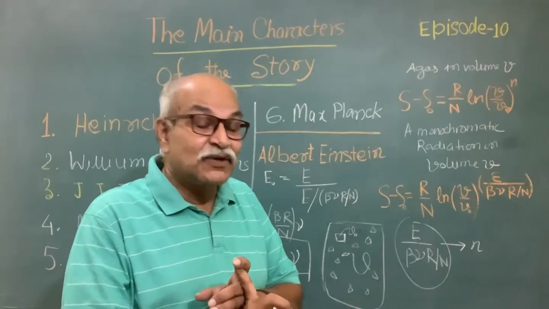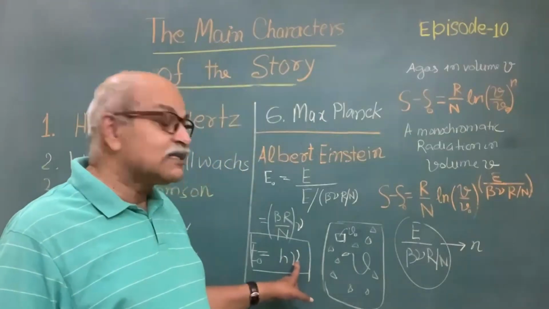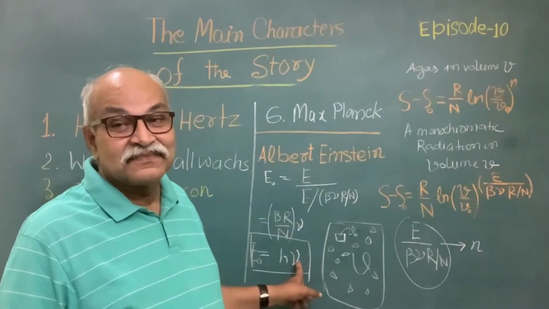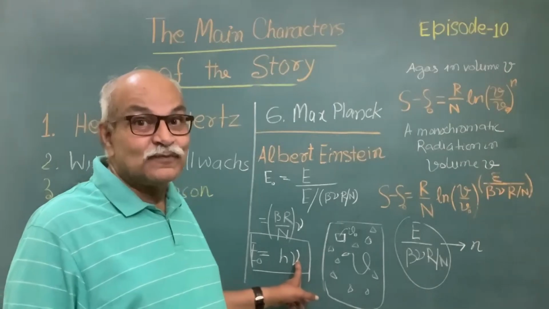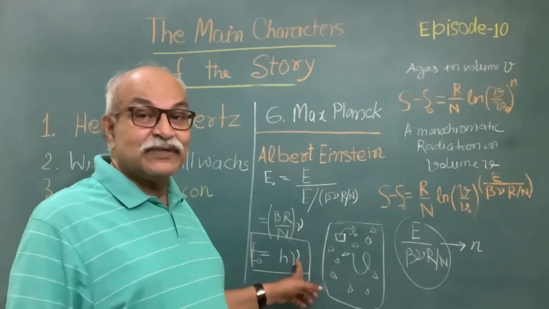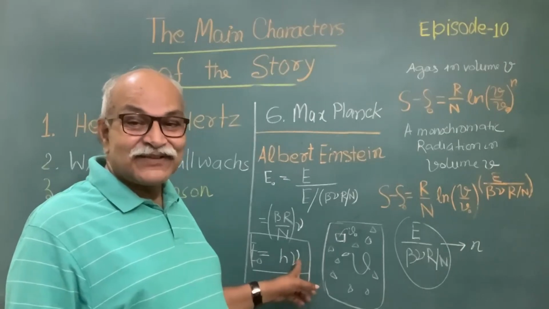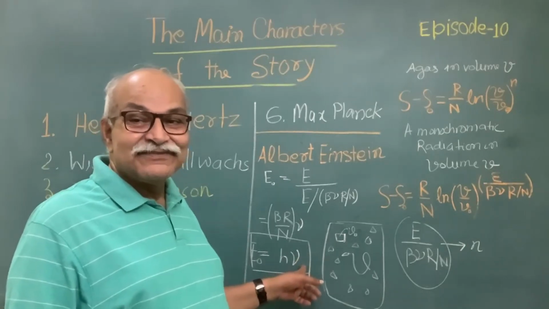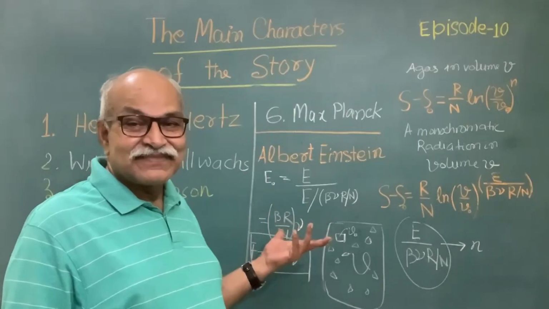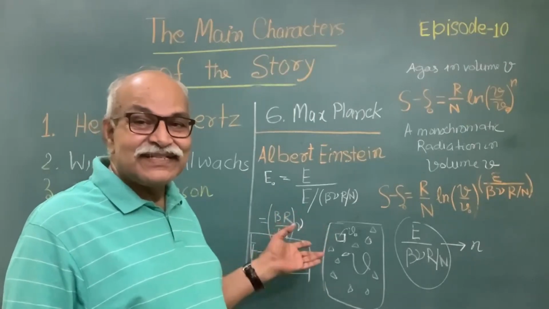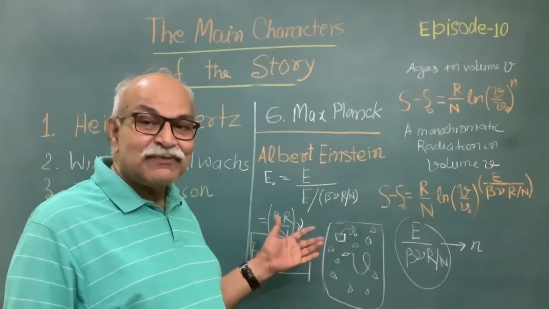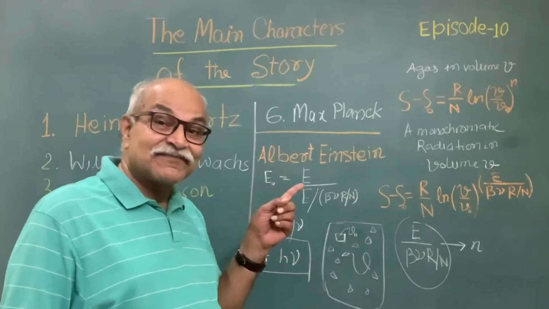Both coexist because ultimately, what is this nu? This nu is the frequency. Frequency of what? This frequency or this wavelength, they are related, and they all come from the wave picture.